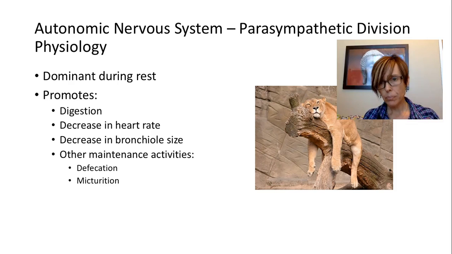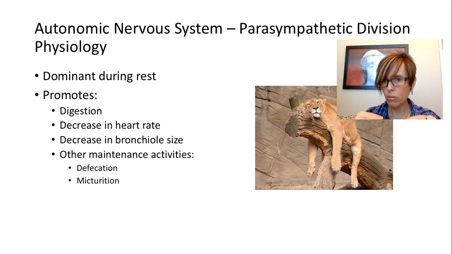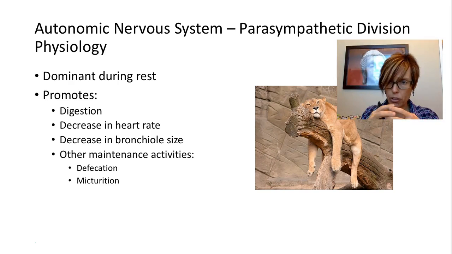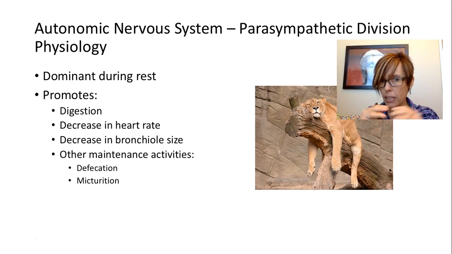Your heart rate decreases to your resting levels, so hopefully your heart's not just pounding in your chest. Your bronchioles, those air passageways, are not maximally dilated. Their size will decrease to whatever the baseline levels are. And then other maintenance activities are being performed.